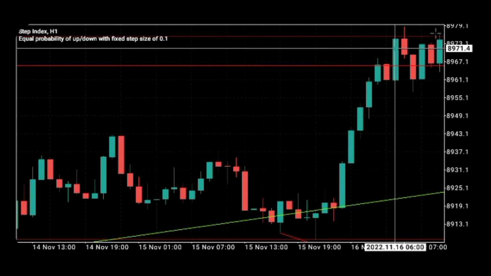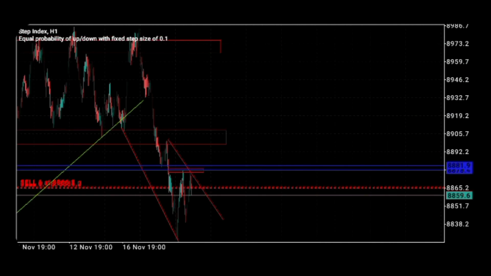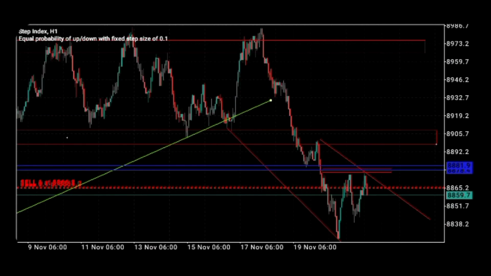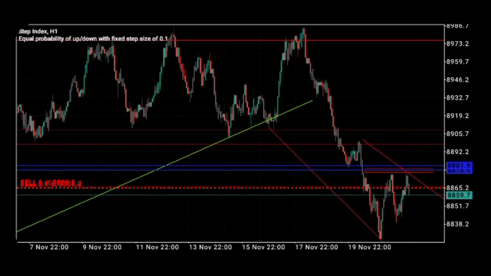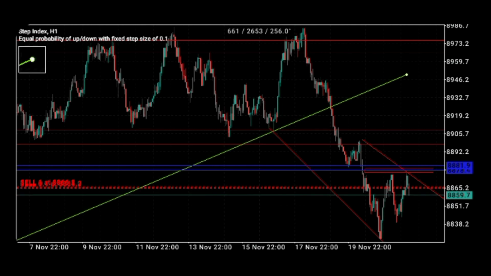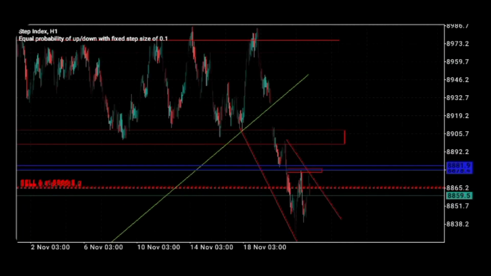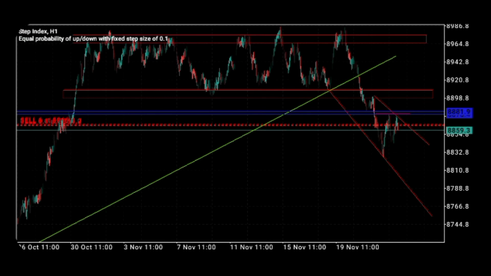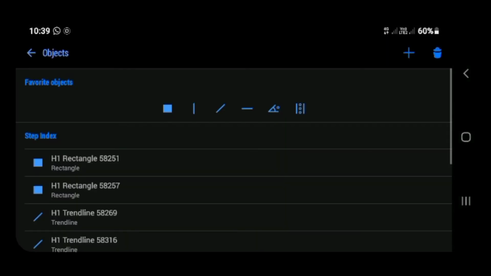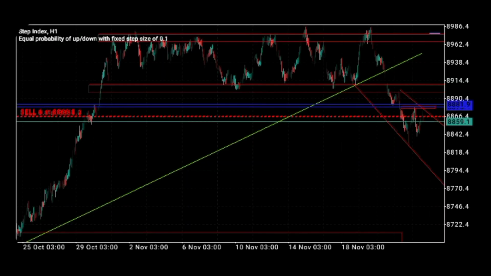So that is how you use my strategy. This is how I trade. So let me place back the trend line where it was. So yeah, guys, this is my setup for a step index, and for me, I don't think I can hold for this long.